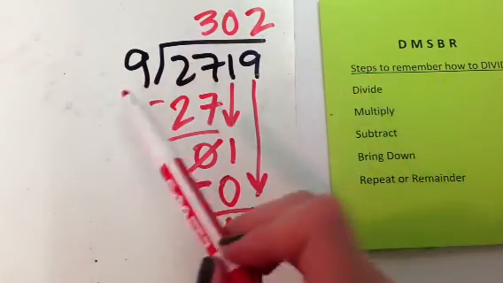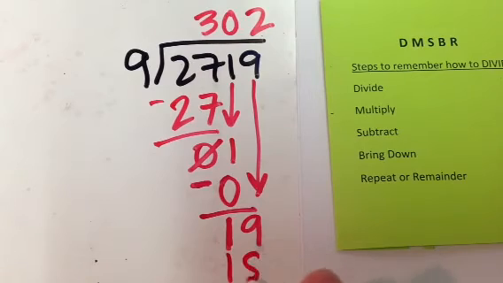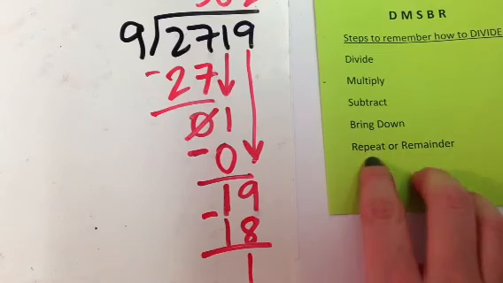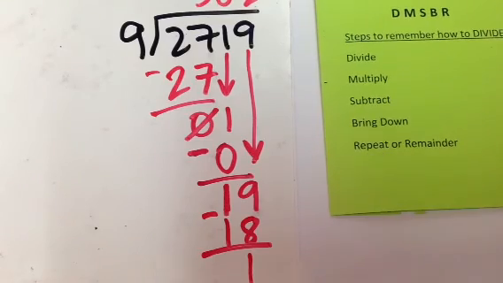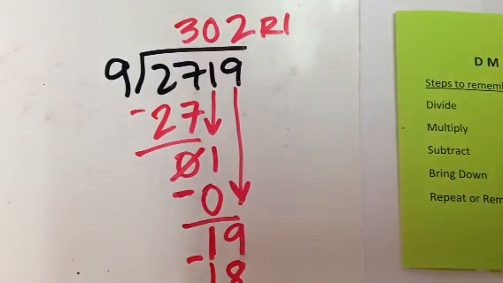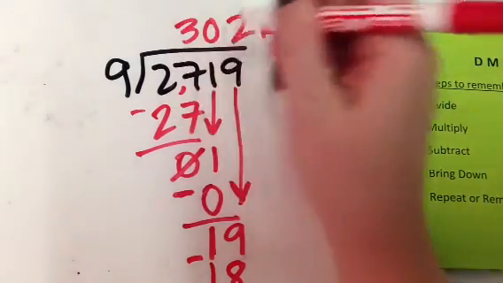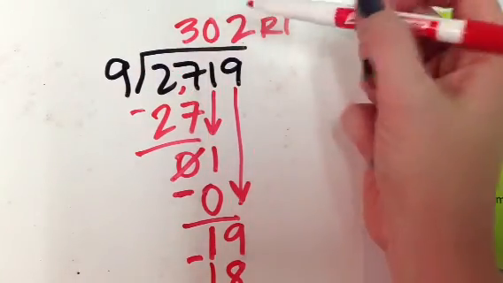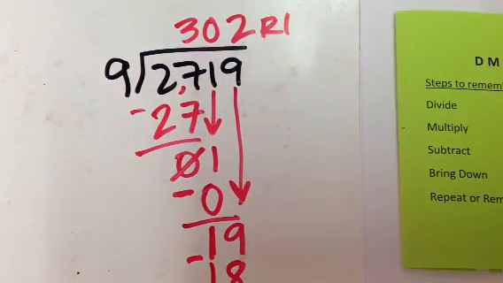Now I multiply. 9 times 2, 18. I write it underneath, right? Now I subtract. 19 minus 18 is 1. And then at this point, I have nothing left to bring down, so I can't repeat. So this 1 becomes my remainder. So 2,719 divided by 9 equals 302, remainder 1.